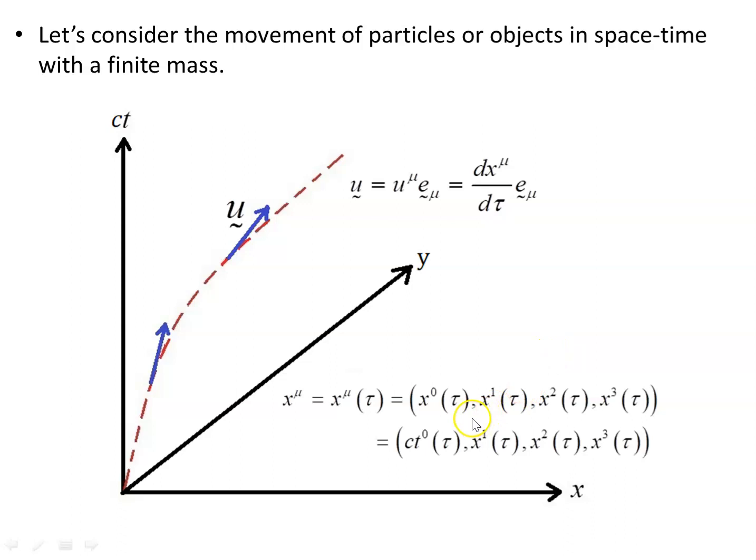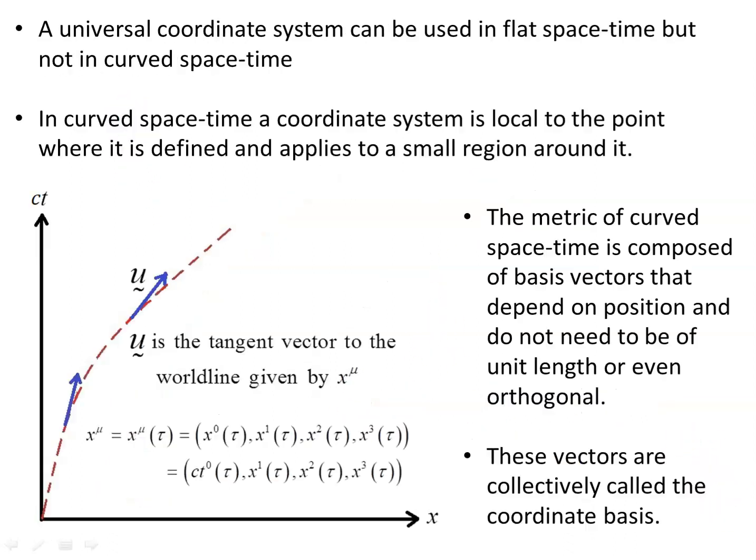The relationship between proper time and coordinate time will come up shortly, but mostly I'm interested throughout this video in dealing with these coordinates as a function of the proper time of the particle, and then its forward velocity is the derivative with respect to the proper time of each of these coordinates. And so that's how we get the forward velocity vector, even though here the spacetime diagram involves a coordinate time t, but shortly we'll see there's a relationship.